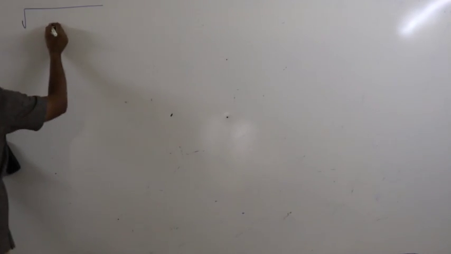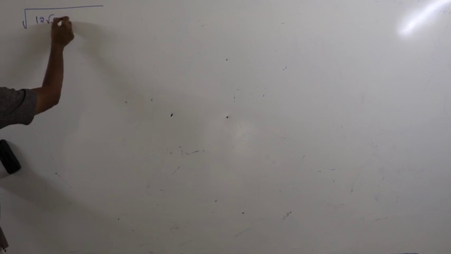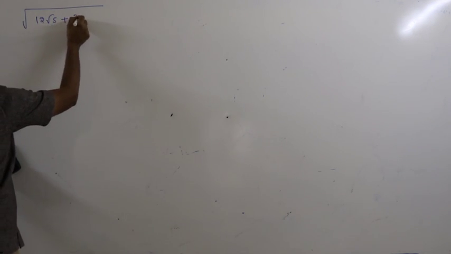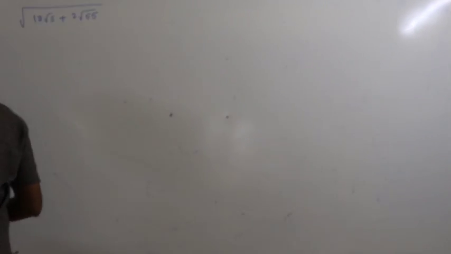And one different model. Find the positive square root of 12 root 5 plus 2 root 55.